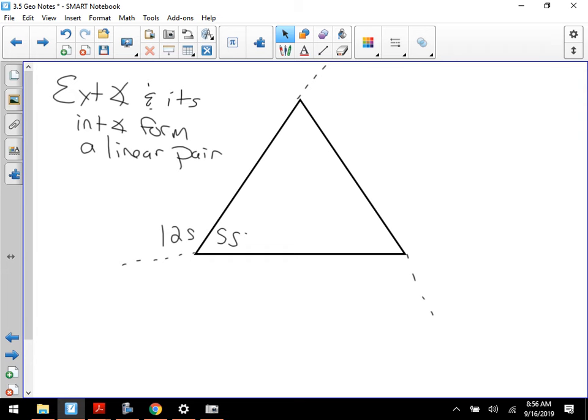The exterior angle and the one that's next to it, they always form a linear pair. Always, always, always. You guys know that when two angles are adjacent, those two angles are adjacent, and then it's straight. And it'll always work.